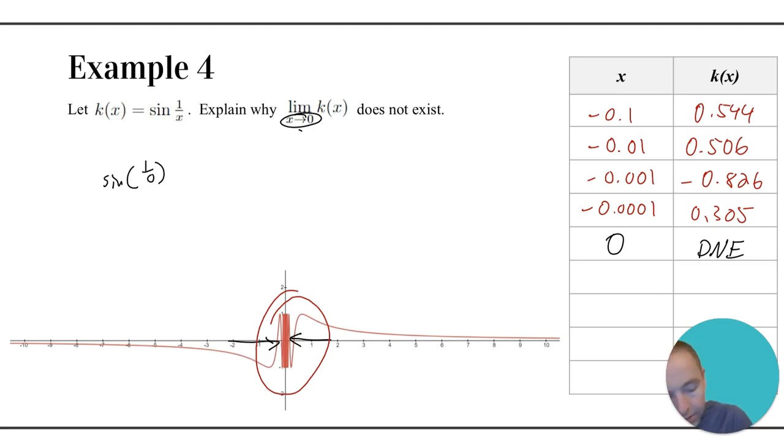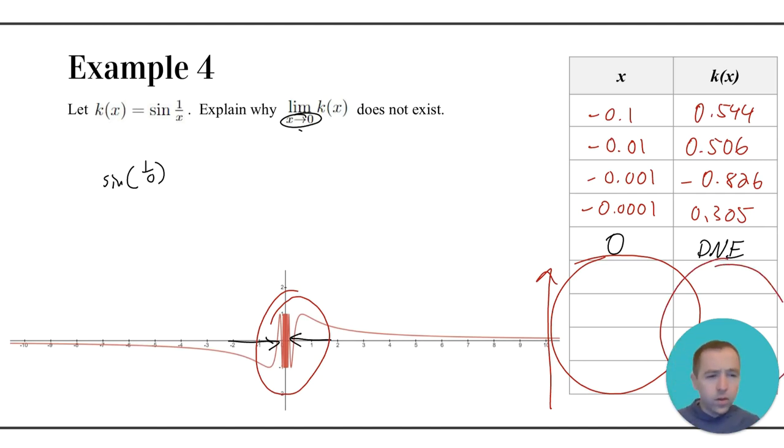And so, if you were to fill in the other side of this table and look at some positive numbers headed towards 0, and then look at the y numbers, there really wouldn't be a pattern in the y numbers, even though the x numbers would be following a pattern as you get closer to 0.